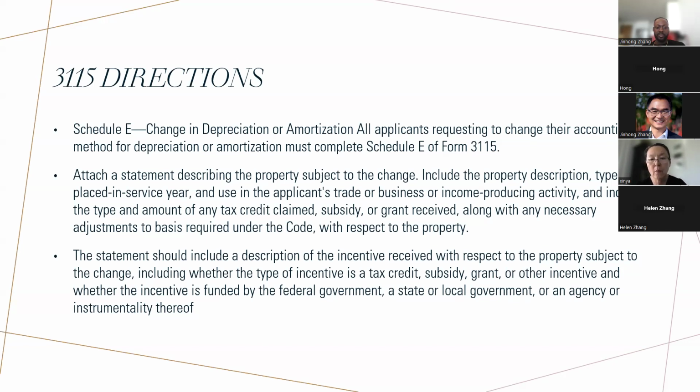Also include any amount of tax credit claimed, subsidy or grant received, along with any necessary adjustments to the basis under the code. The statement should include a description of the incentive received with respect to the property subject to the change. Include whether the type of incentive is a tax credit, grant, or other incentive, or was funded by the federal or state local government.